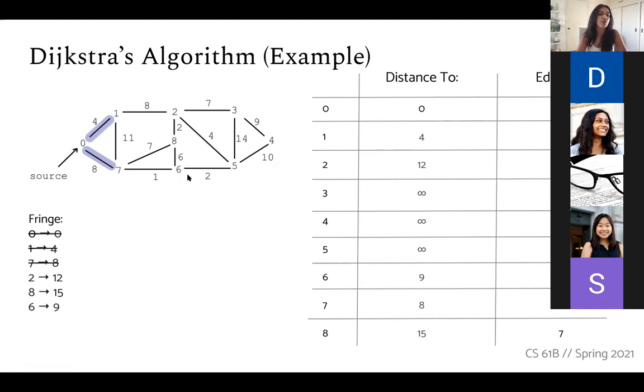And why did you choose to update 5 and not 8? Going from either 7 or 6 to get to 8 uses the same weights, but you penalize a greater number of edges. Yeah, so in this particular case, they are the same weights, and we haven't specified any tie breaking scheme.